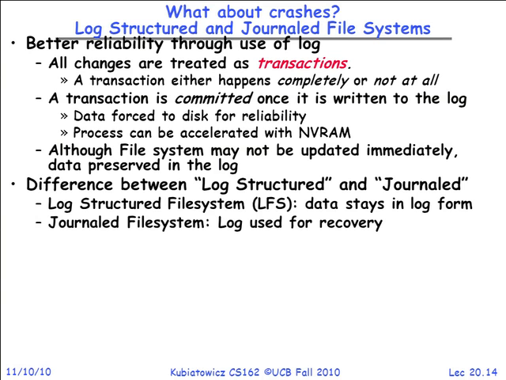So what's the difference between a log-structured file system and a journaled file system? So a log-structured file system is actually a particular type of file system in which the data is actually in the log. All right, now I'm not going to go into this in too much detail. You can ask me offline if you like. But imagine that, you remember that file structure with all of these pointers and so on?